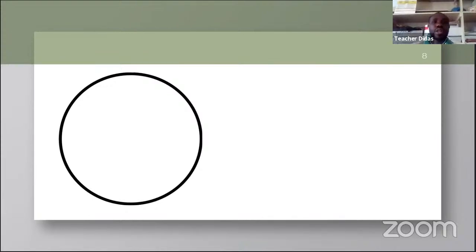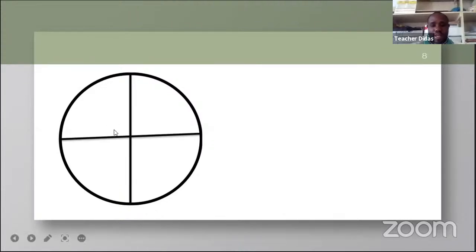Okay, let's go here. I'm going to cut it into 4 equal parts. Now I have 2 equal parts. I cut it again into 4. Then I will shade one part.